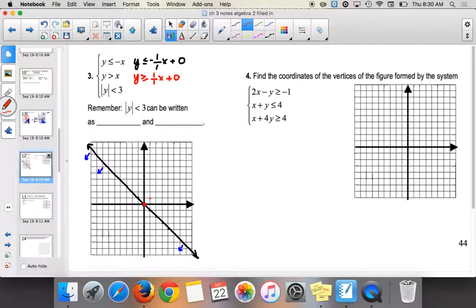So I have 0, 0, up 1, right 1, up 1, right 1, up 1, right 1. And that's going to be a dotted line. And will I be above or below that line? Above, right? Y is greater than.